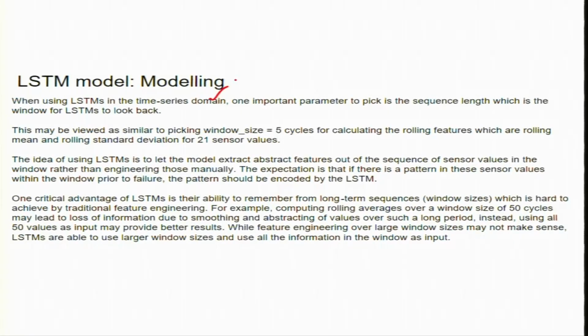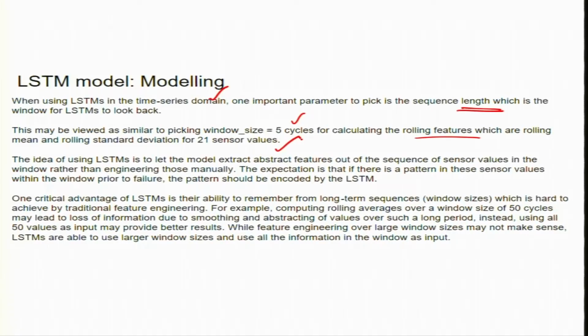For LSTM in the time series domain, one important parameter is the sequence length. This may be viewed as similar to picking a window length of 5 cycles earlier and calculating the rolling features, which are rolling means and rolling standard deviations for the 21 sensor values.